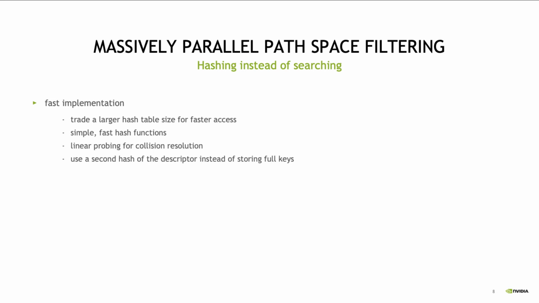Finally, as our descriptors can be very long, we use a second, different hash of the descriptor for comparison. This hash is much shorter than the descriptor. Hashing is key to sparse function approximations with high dimensional descriptors, because in this case, collisions are very unlikely.